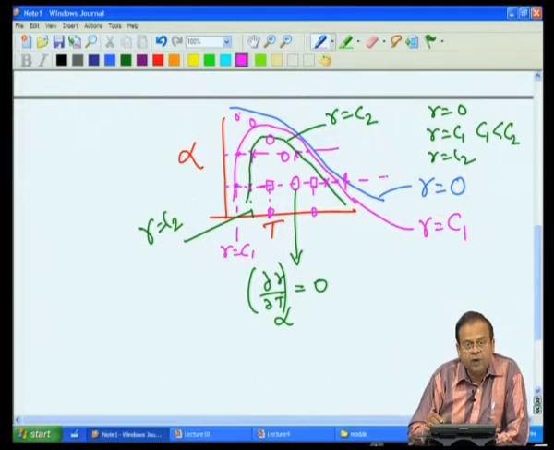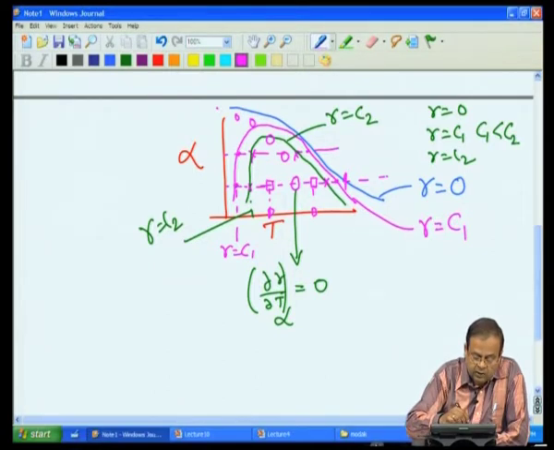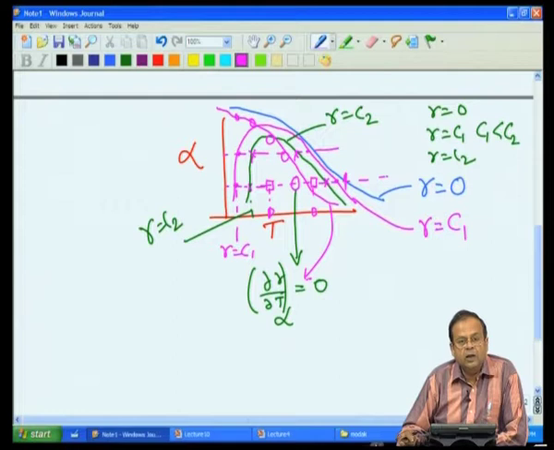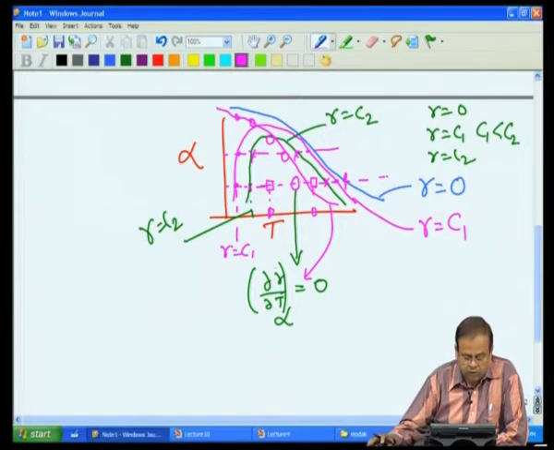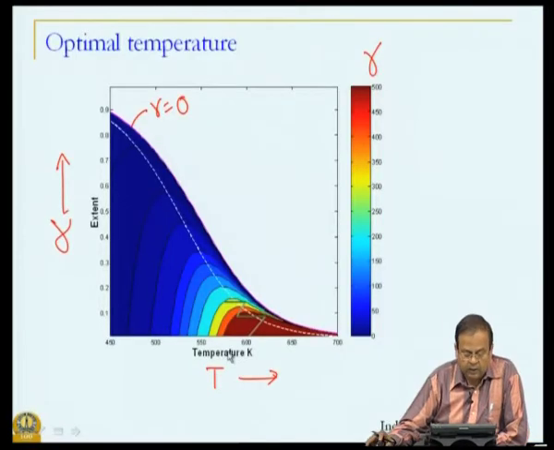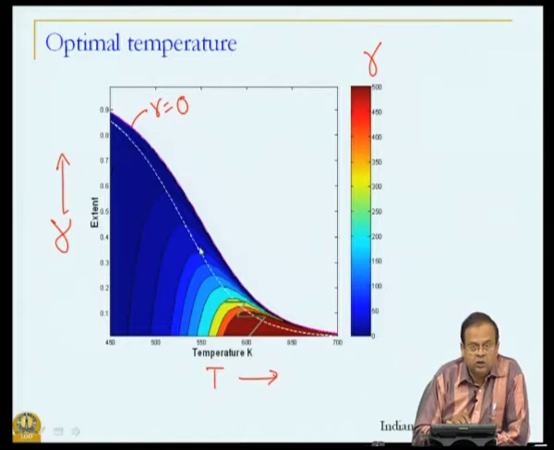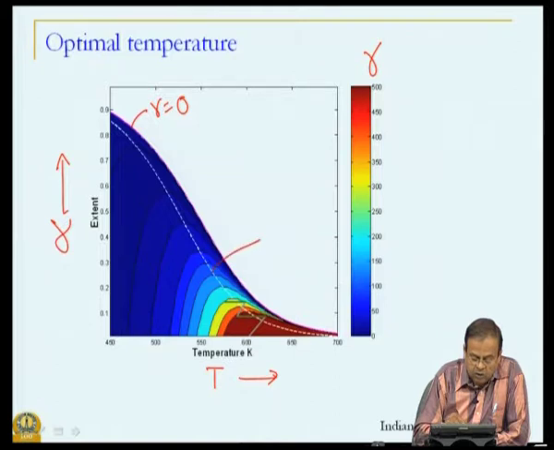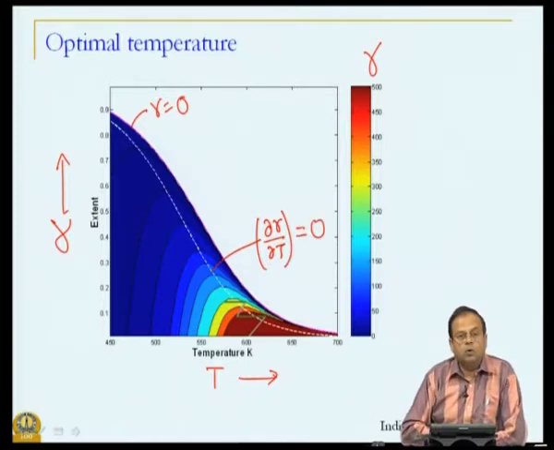I can identify all those points, and then if I join, I will get another trajectory whose characteristic is del R del T at a constant value of alpha is 0, and this is how that trajectory will look like. The white line that you see in this has a characteristic that on this particular line del R del T equal to 0.